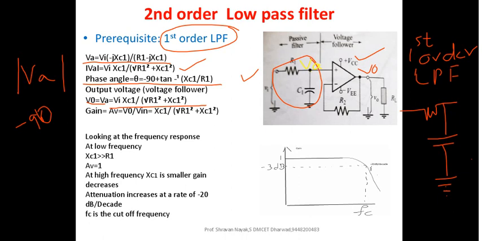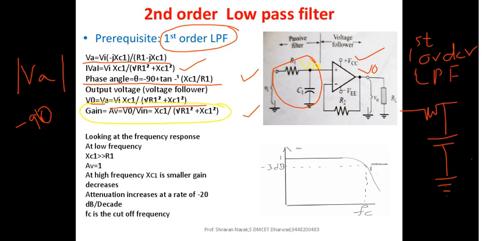And the gain is V0 divided by Vin, so you will get XC1 divided by the square root of R1 square plus XC1 square. This is the expression for the gain, and now we should see how XC1 varies with different frequency ranges. That is where the application of the low pass filters comes into picture, right?